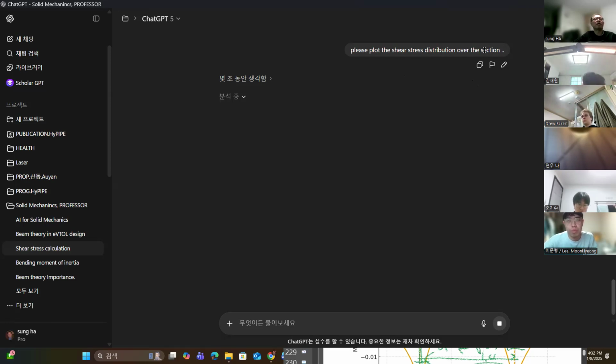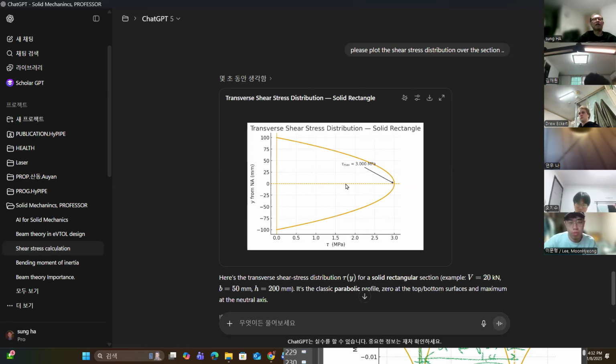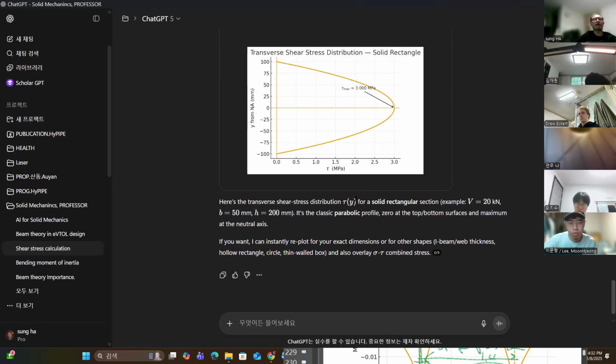I forgot to mention that, but I hope they give us the parabolic shape with a maximum at the center. Okay, this is the one. You see, at the middle we get the maximum, and at the top and bottom it is zero.